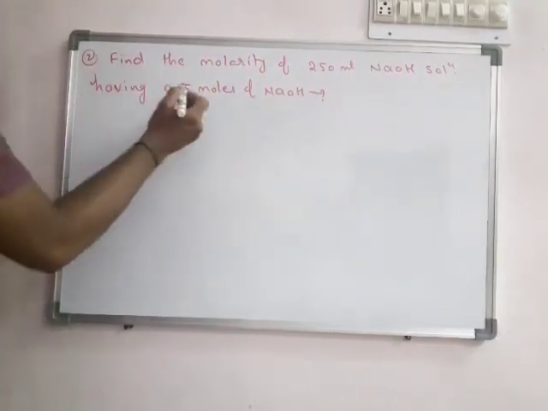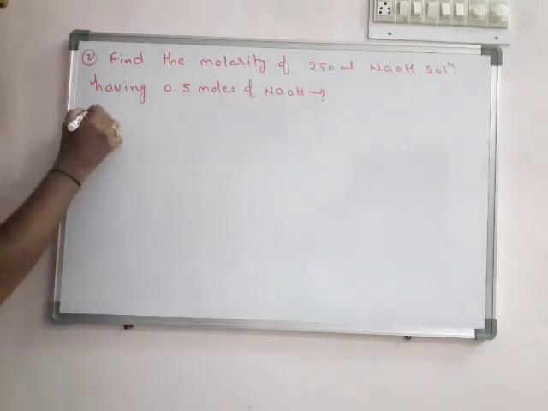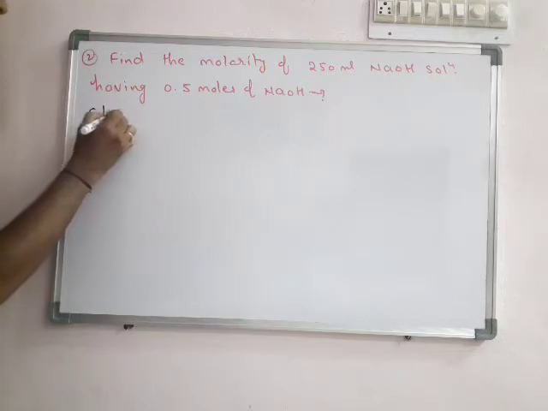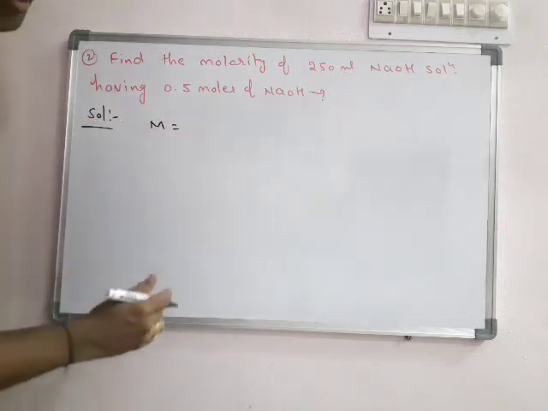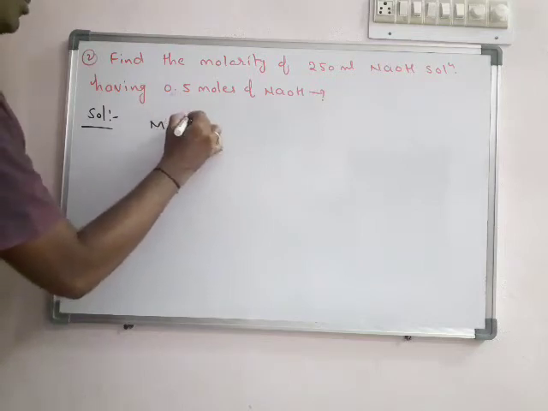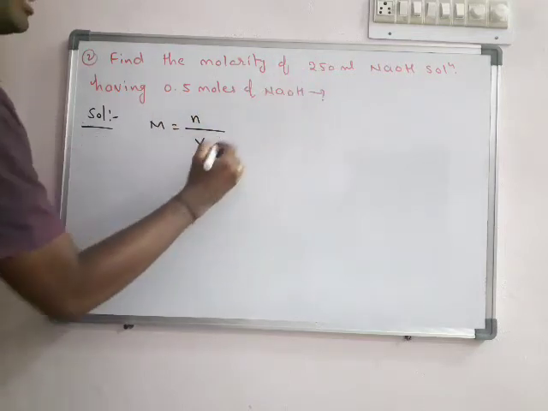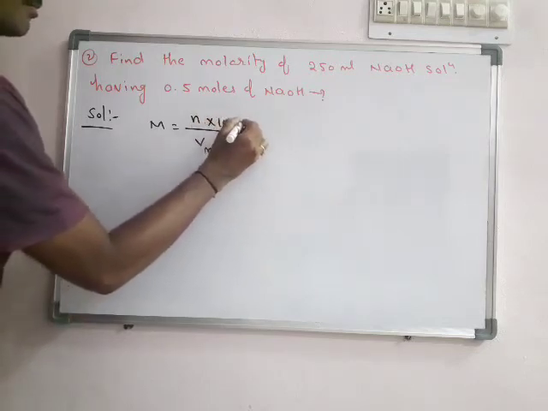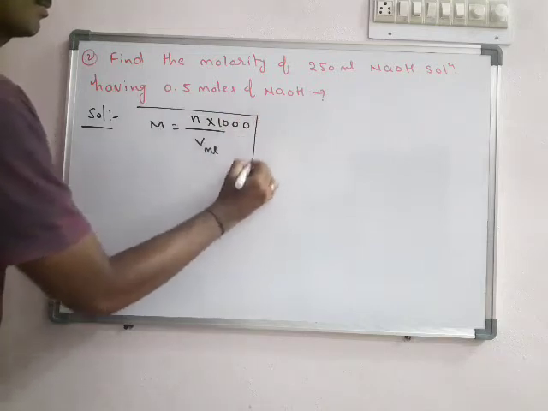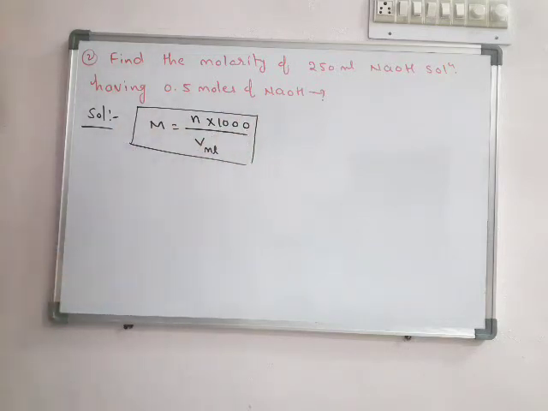Here the number of moles is given, and the volume in milliliters. So what is the formula? It is compulsory to write the formula for every problem. Moles into 1000 by volume in milliliters.